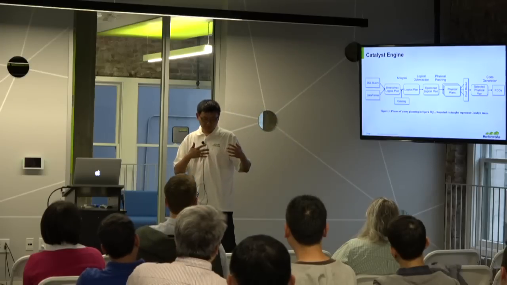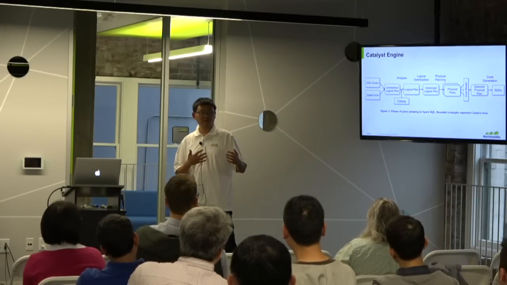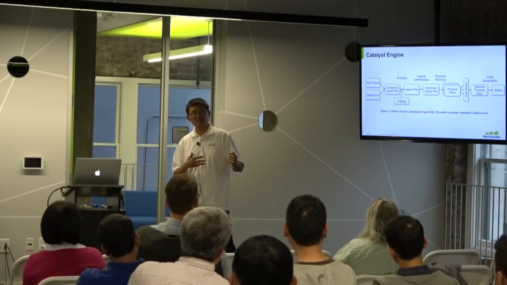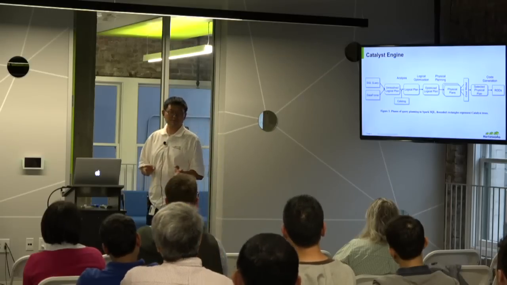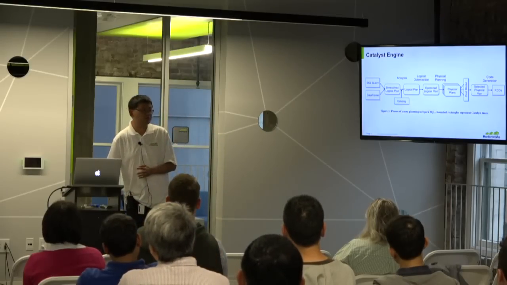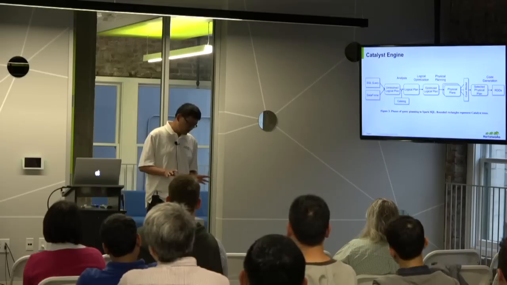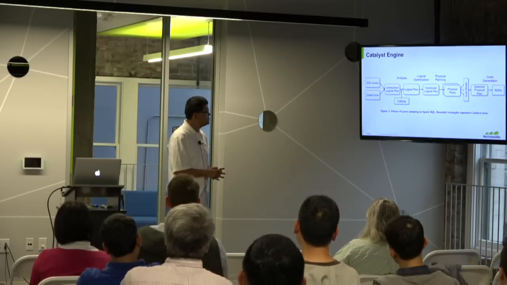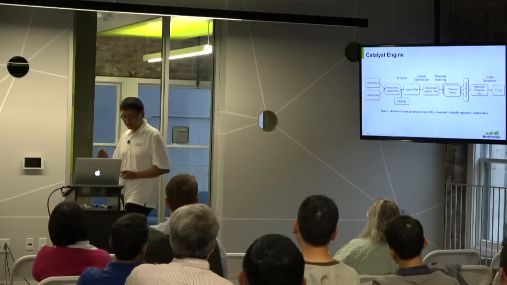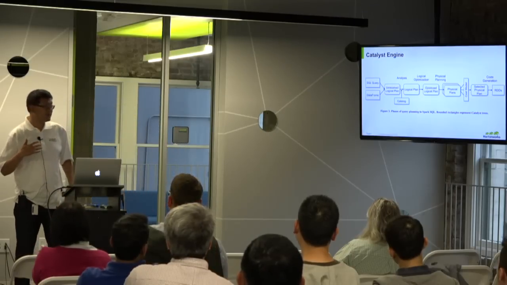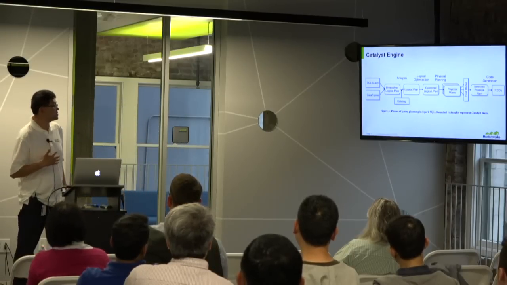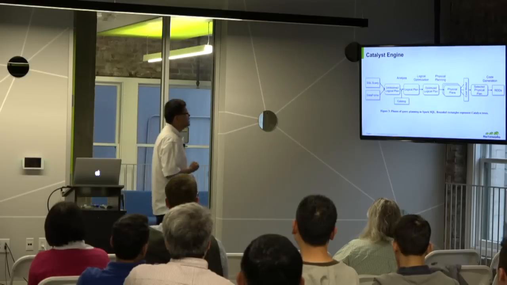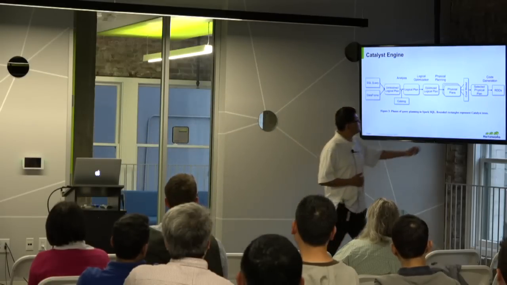You read the data from the external data source. Probably it's a file, or a Cassandra, or HBase, whatever external storage. That's where, when we implement the external data source, we specifically pay attention to this part.